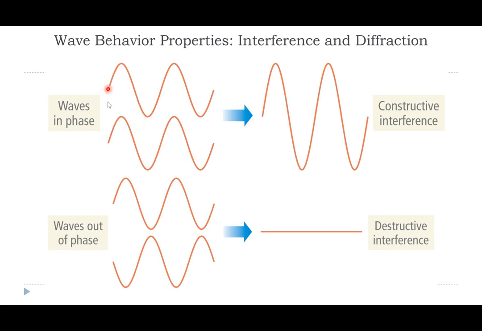So in this case, these two waves are kind of propagating out, and at some point they're going to meet up together. If those waves are in phase, what do I mean by in phase? Peak to peak, trough to trough, peak to peak. So if those waves are in phase, when they come together, we're going to call that constructive interference.